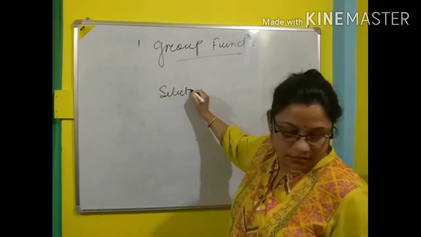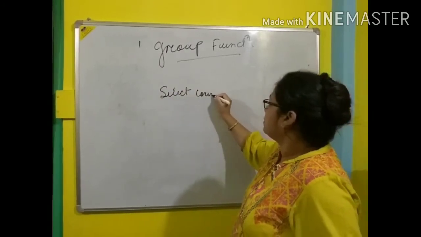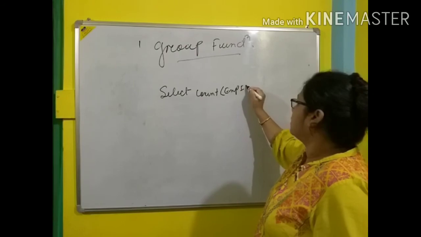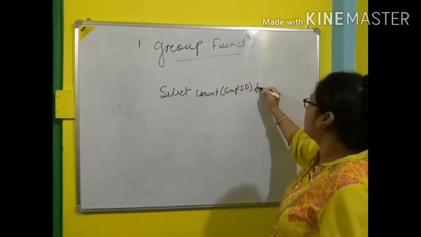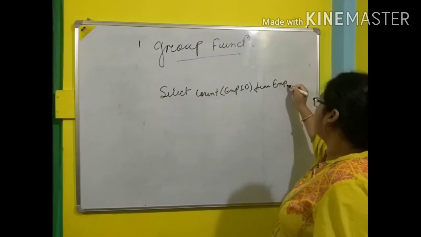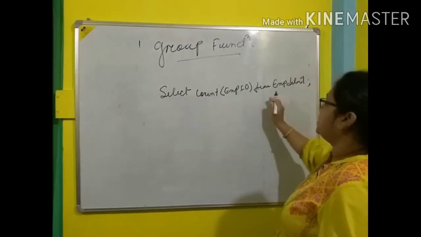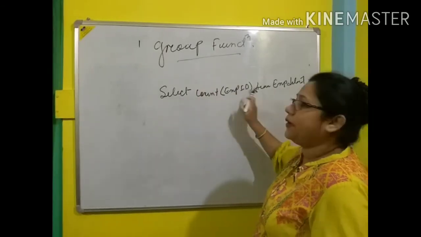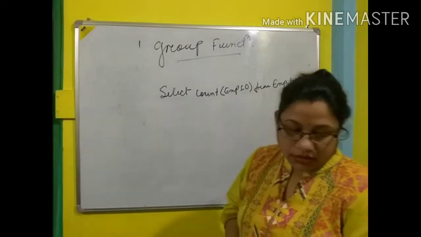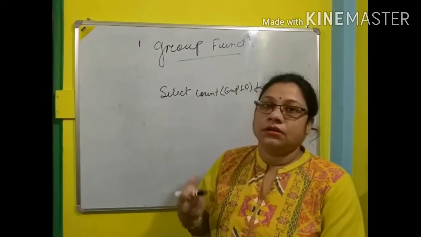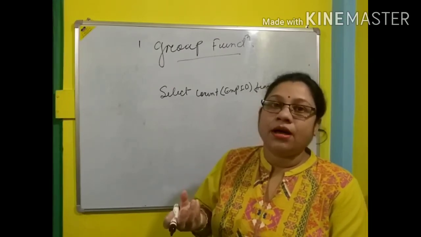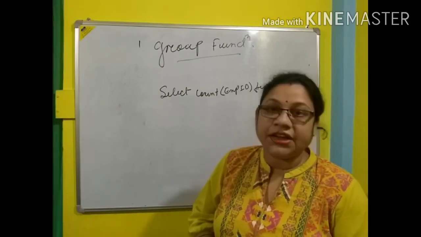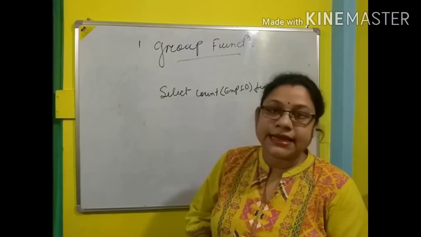Employee details is the table name. Select count employee ID means I am going to count the total number of rows present in the table. Look, only 3 rows are affected. So the answer is 3.